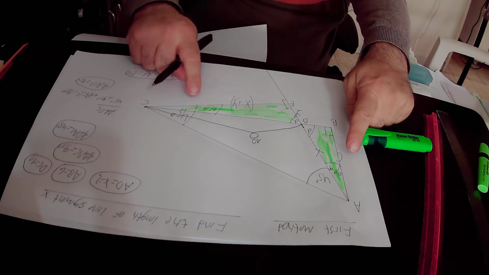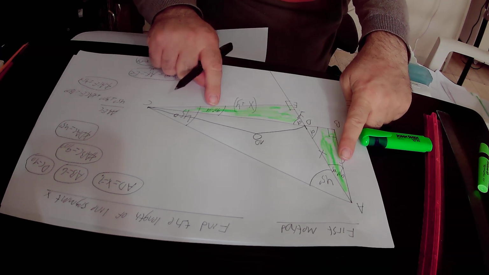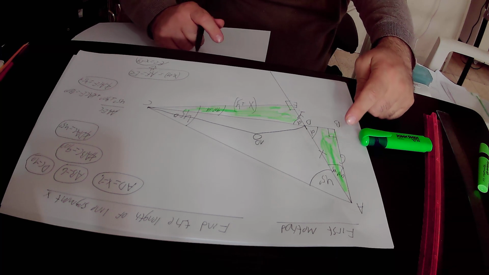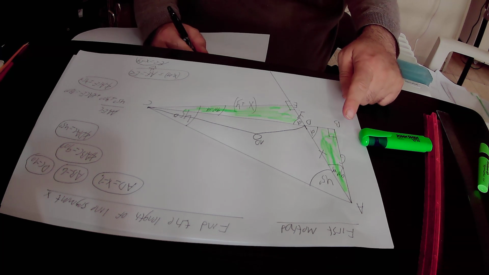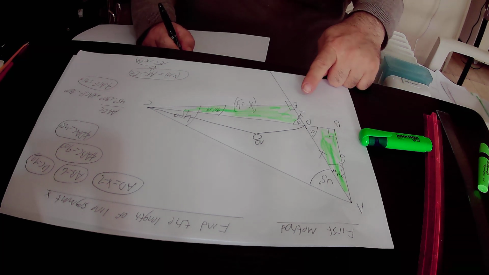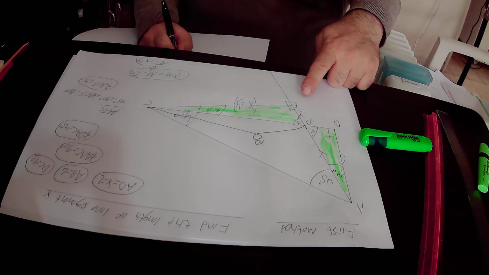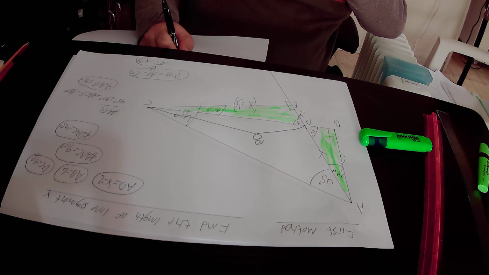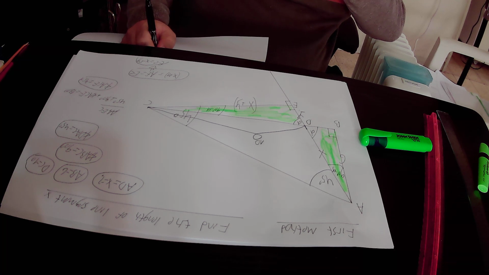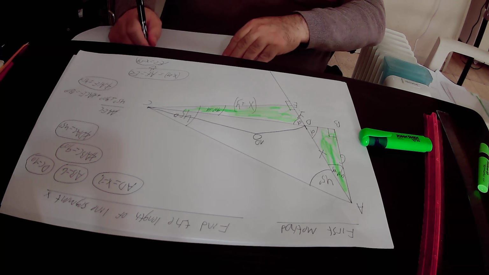So those two angles are equal to each other. That is to say, angle BAD in triangle ABD is equal to angle EDC, and both angles are equal to 90 degrees minus alpha. I repeat again.